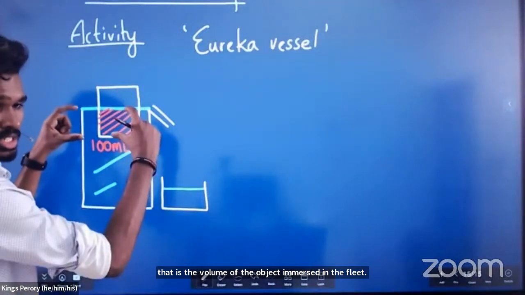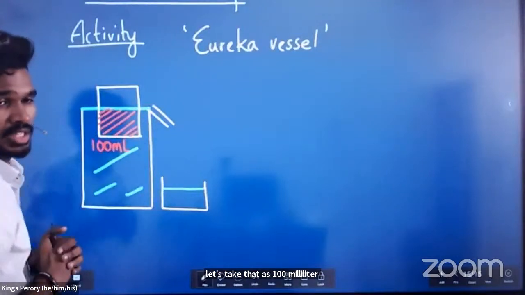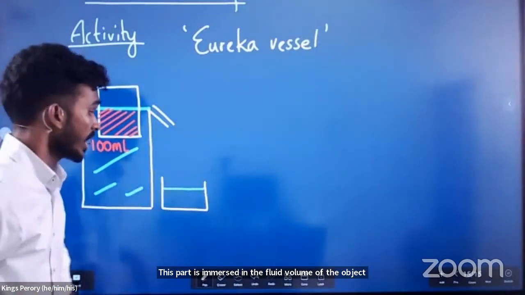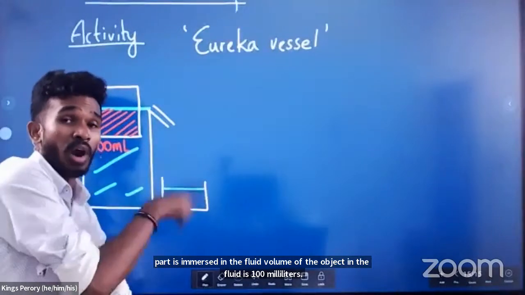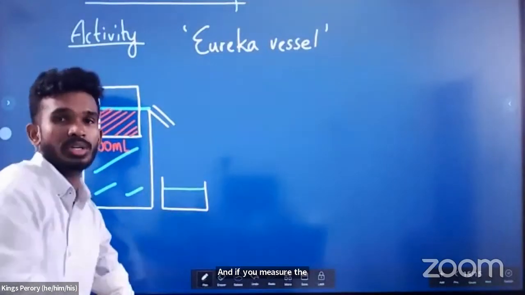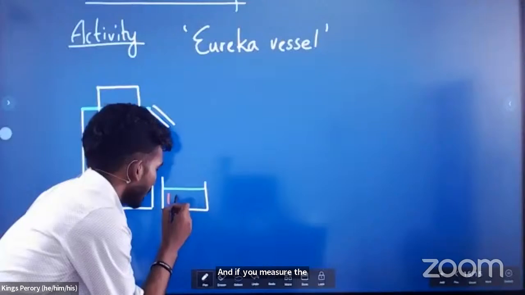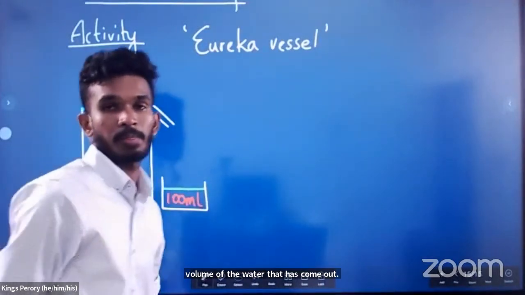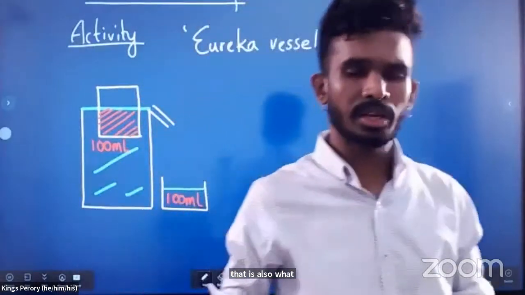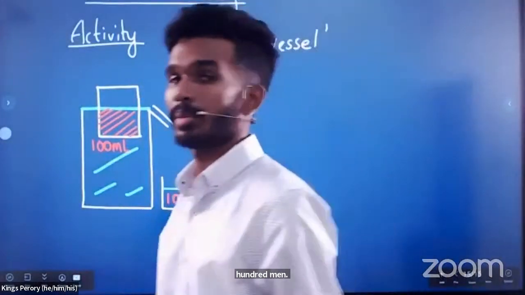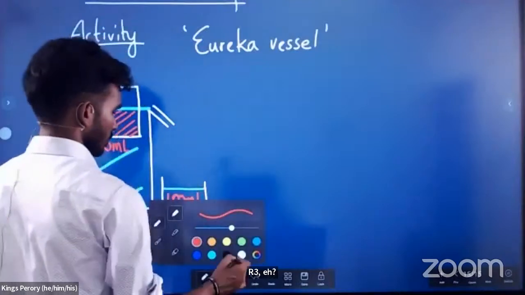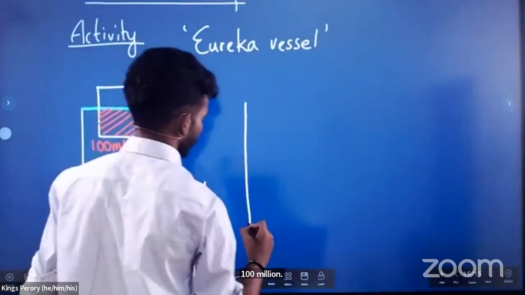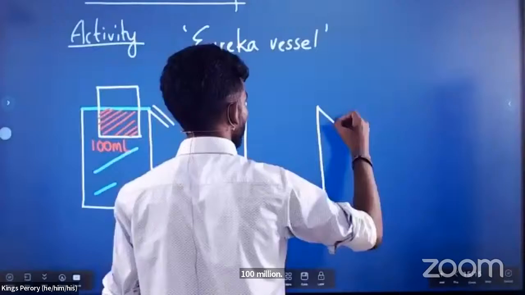The volume of the object in the fluid is 100 milliliter. And if you measure the volume of the water that has come out, that is also 100 milliliter.